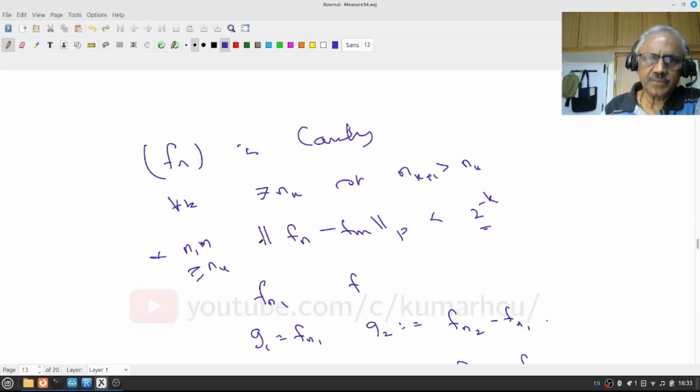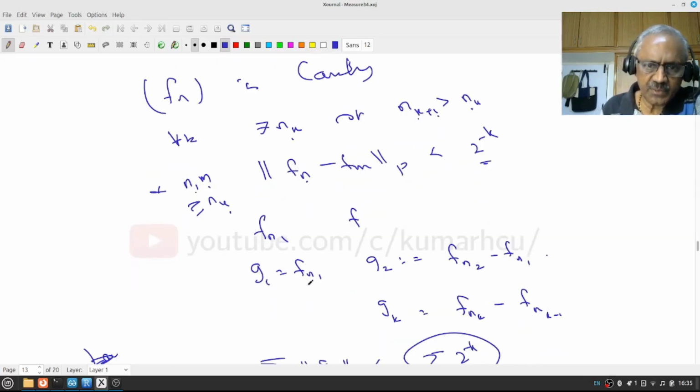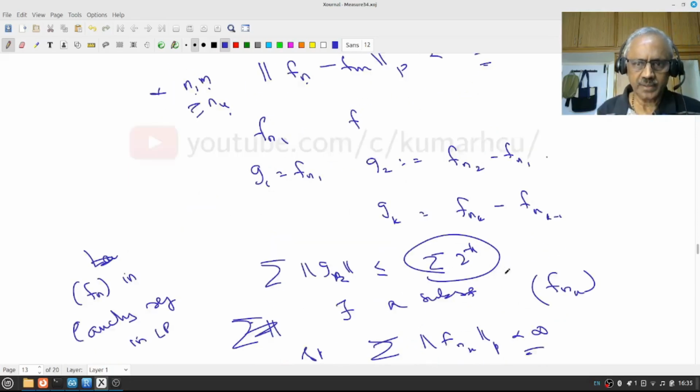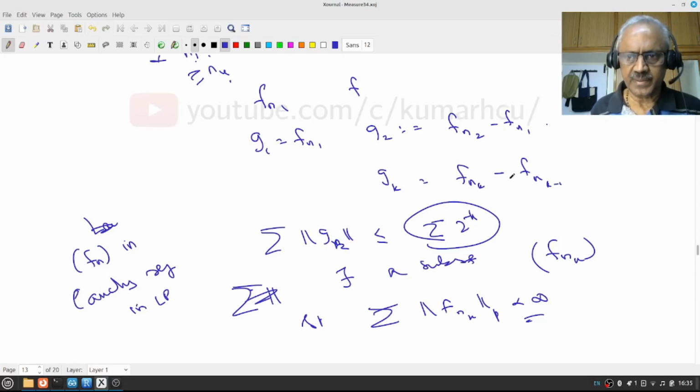Yeah. Suppose fn is Cauchy, then for each k I can choose an nk such that nk plus 1 is greater than nk, and for all n and m greater than nk, the LP norm of fn minus fm is less than 2 to the power minus k. Then I define g1 to be fn1, g2 equal to fn2 minus fn1. This is what we did in L1. And gk to be fnk minus fnk minus 1. Then by construction, the sum of the LP norms of gk is less than or equal to the sum of 2 to the power minus k.